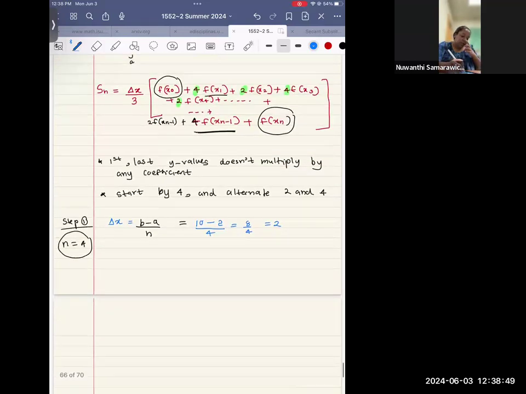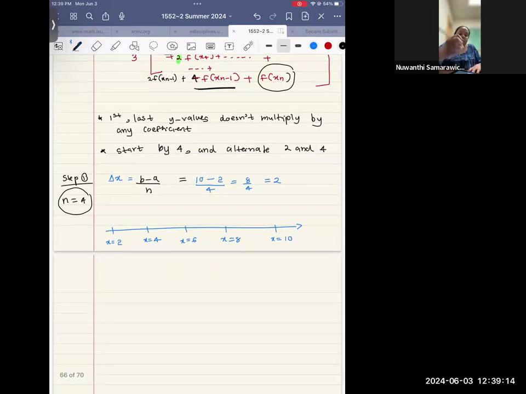Okay. So if we draw the real line, the first point starts from 2 and the last is 10. Then the other points are x equal to 4, x equal to 6, and x equal to 8.